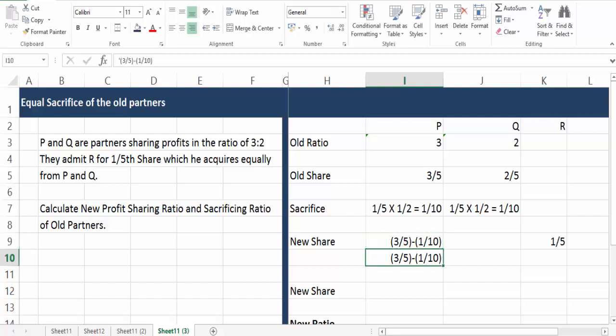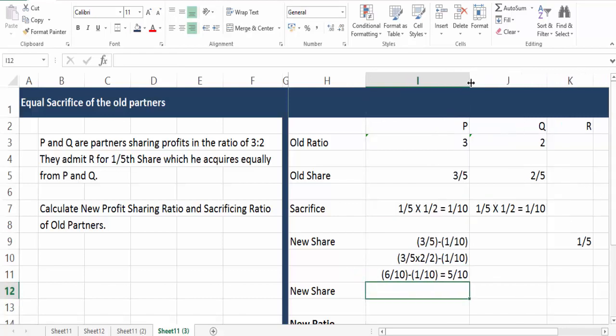So that is 3/5 multiplied by 2/2, which gives 3 multiplied by 2, which is 6, divided by 10. So here we have 6/10 minus 1/10, which is 5/10. So this is the new profit share of P, which is 5/10.